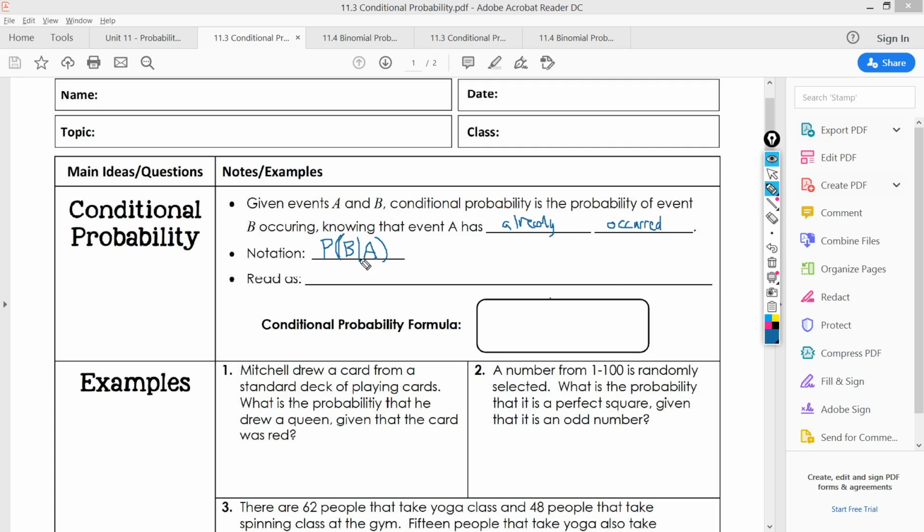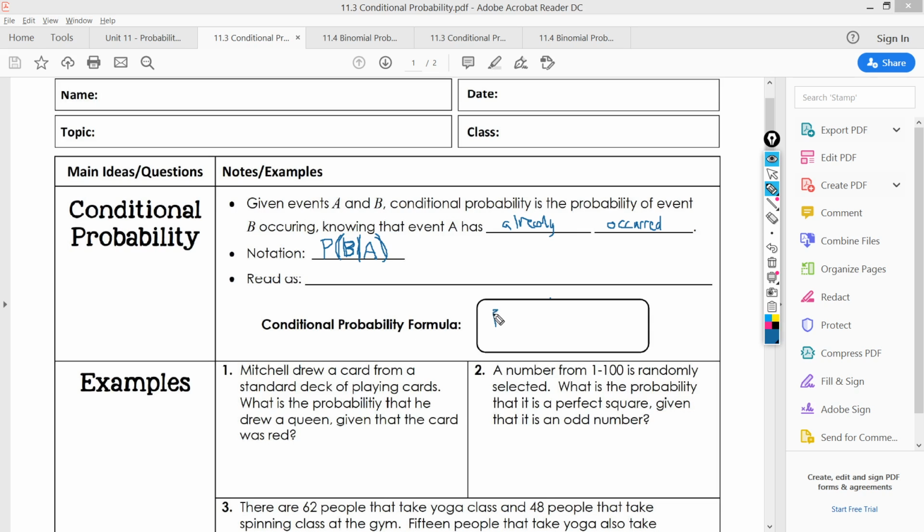Then in the parentheses, you say of. So it's the probability of this stuff in the middle, and it's the probability of B. And this line right here means given. And given means that something else has already happened. So this is the probability of B given A. And all that means is it's the probability that B will happen if we know A has already happened.